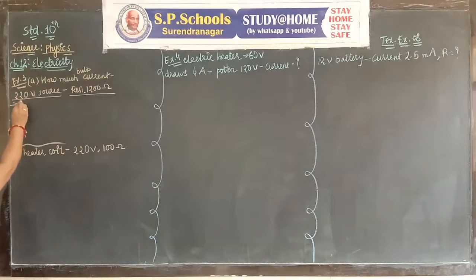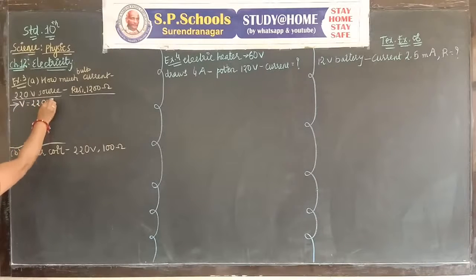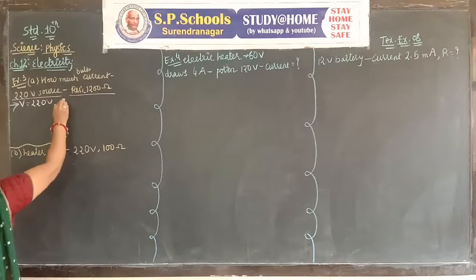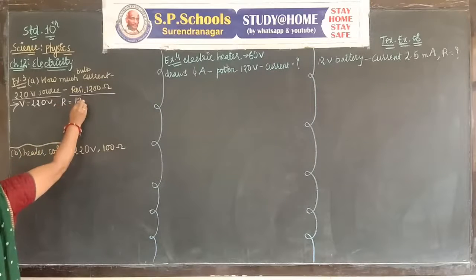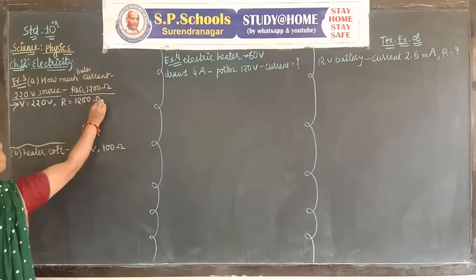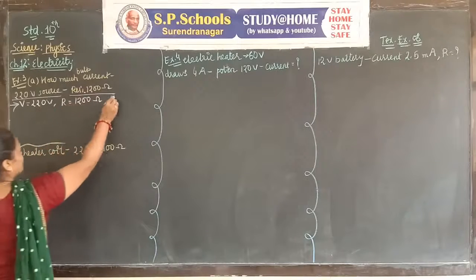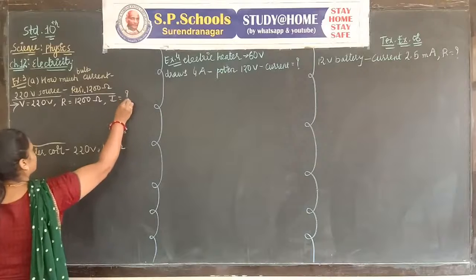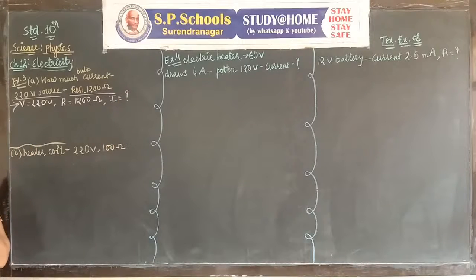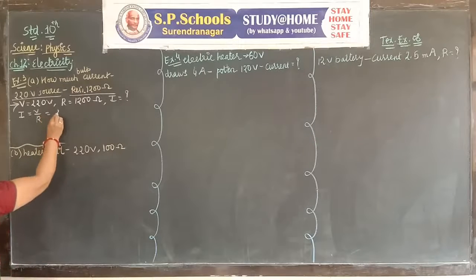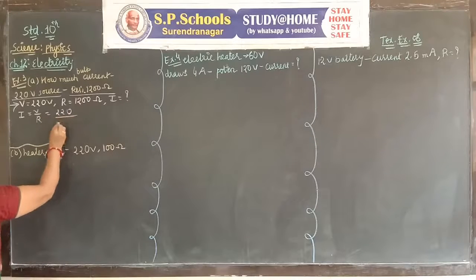Here the potential difference is 220 volt. Resistance R is 1200 ohm, and we will find the electric current. So we apply Ohm's law. We know I is equal to V upon R. So here V is 220 and R is 1200.